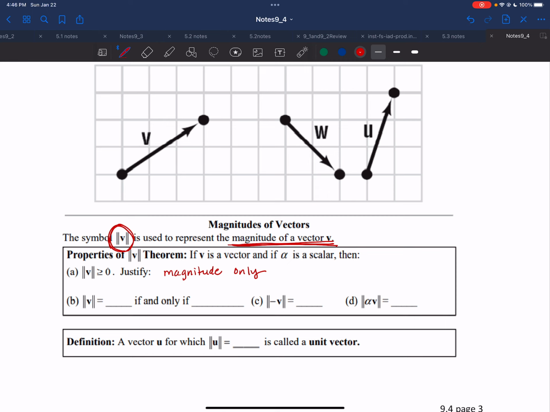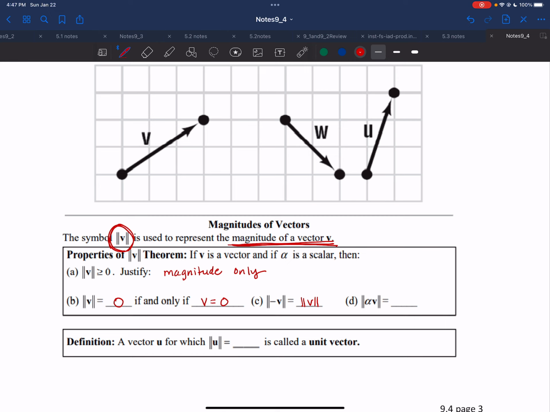If you have the double bar v, it would be equal to 0 if and only if v equals 0. So the only time you get 0 as your magnitude is if your initial vector has a value of 0. And then you have the double bar of negative v is going to equal just regular double bar v, right? Because that's just your magnitude. So it doesn't matter if it's negative on the inside, you're still going to get a positive number.